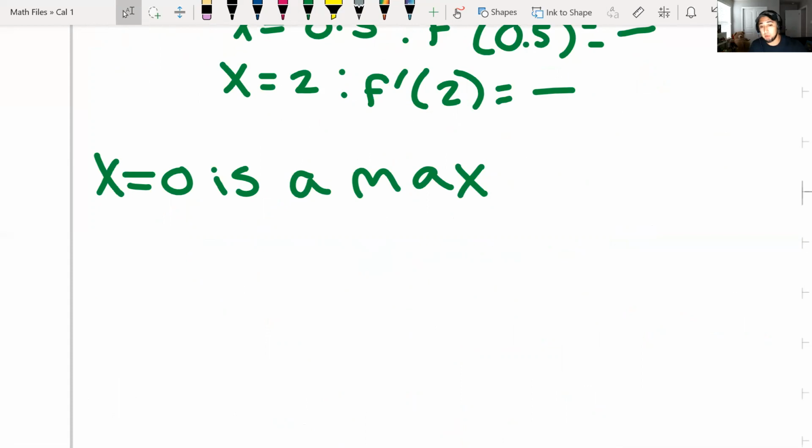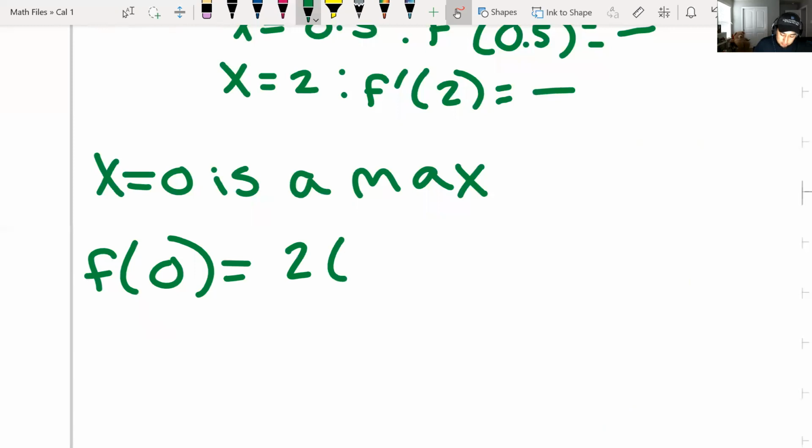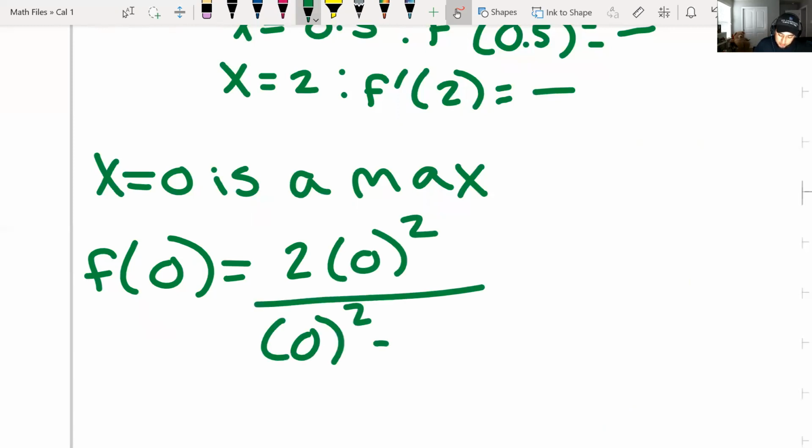So we take this number and plug it into the original function. Okay? So I want to find that exact location. So I say f of 0, and I plug it into the original function. 2 times 0 squared over 0 squared minus 1, which just gives me 0 over -1, which is 0.